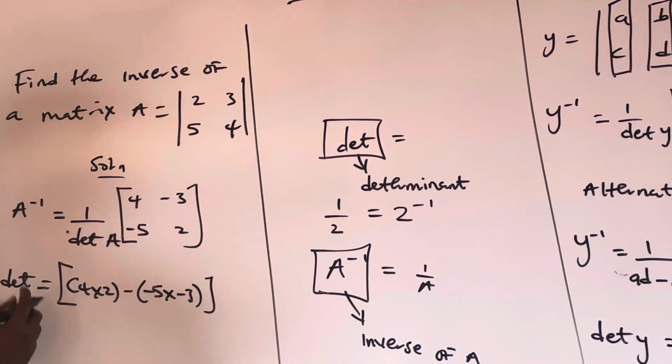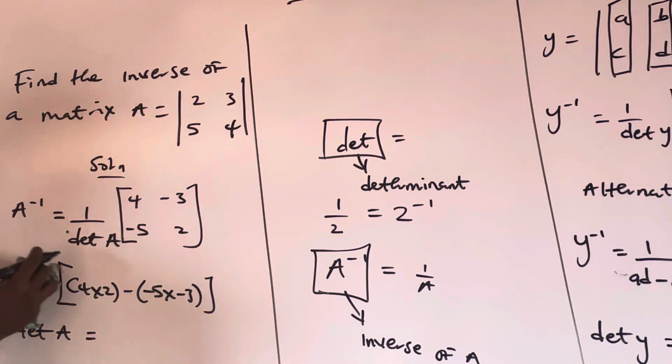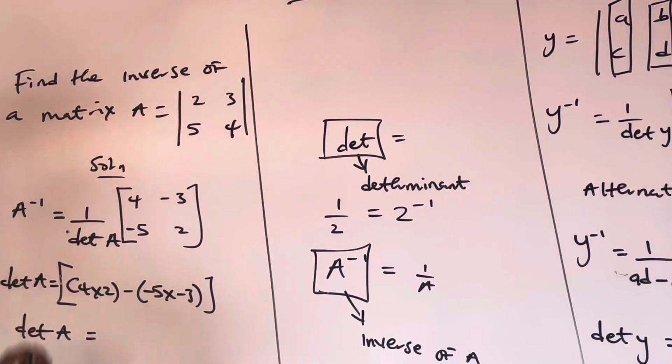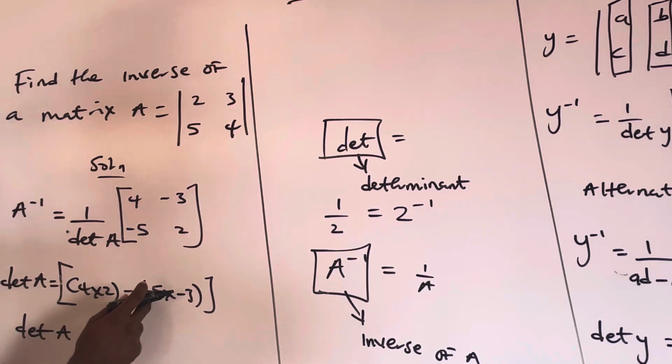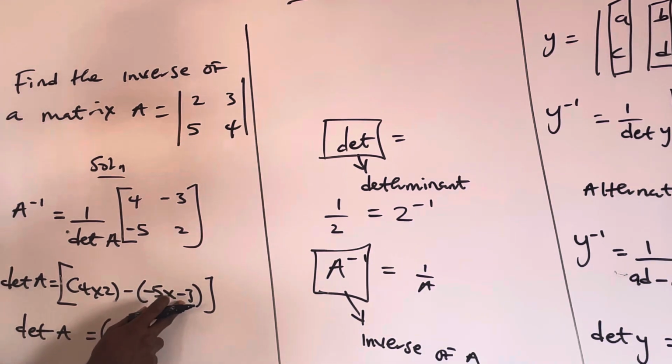That is det A. So det A is going to be what? 4 times 2 will give us 8 minus, minus times minus will give us plus. We have 15.